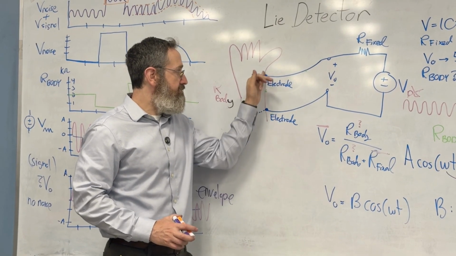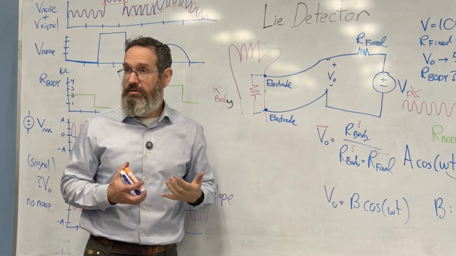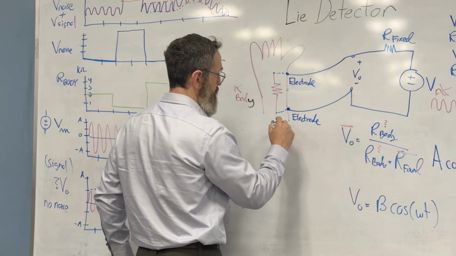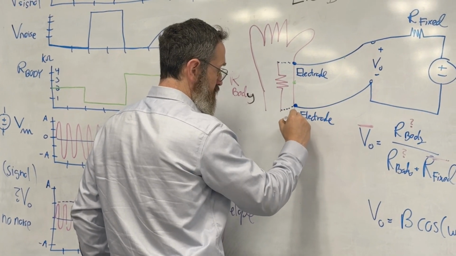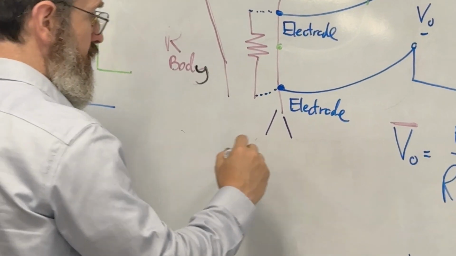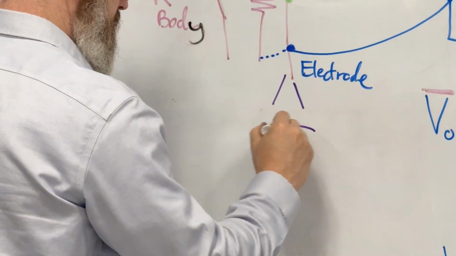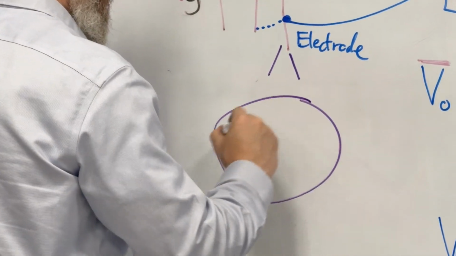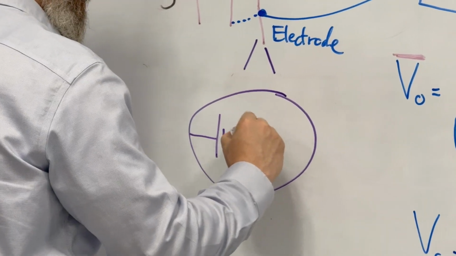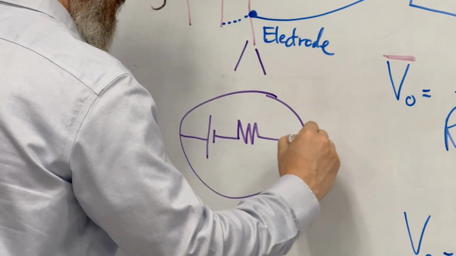The noise is being introduced particularly at the electrode, right? How do we model the electrode? Well, if we were to zoom in on this electrode right here, the way we modeled it before, maybe I'll keep it as a circle, as a battery that's producing some noise plus a resistance that's producing some noise.